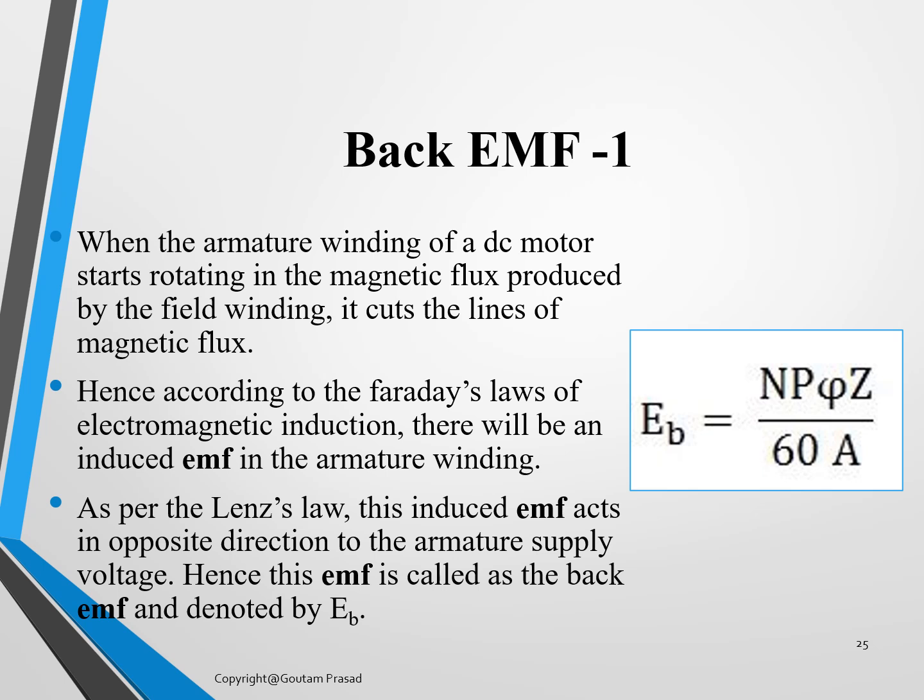And as you know, according to Faraday's law of electromagnetic induction, if the conductors are cutting the magnetic lines of force, an EMF will be induced in the conductors. Here, in the armature winding, EMF is induced.